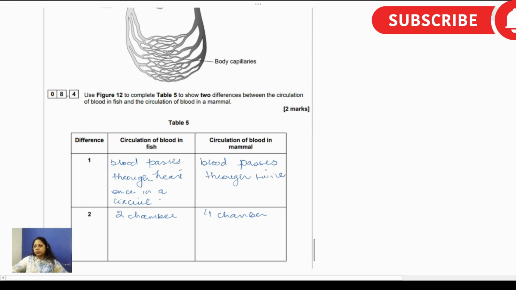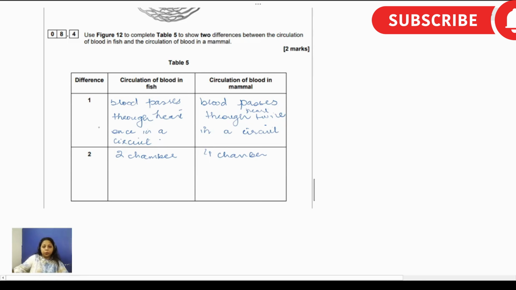What else difference? Okay, two veins and two arteries in a double, while here we have one vein and one artery.